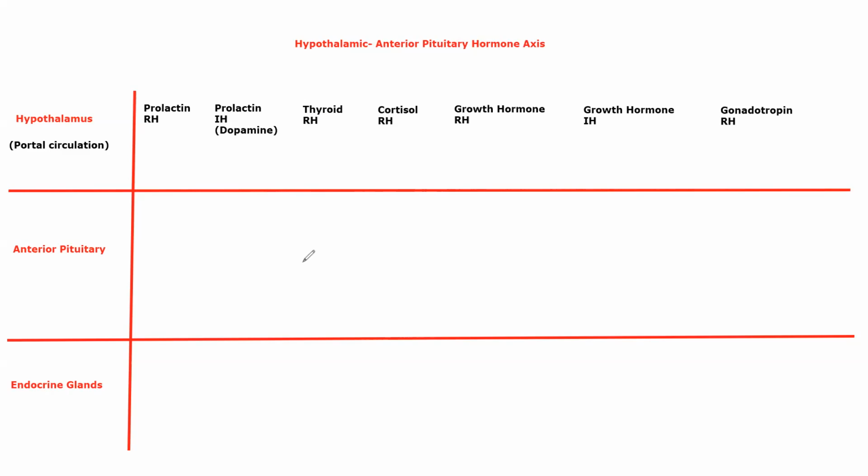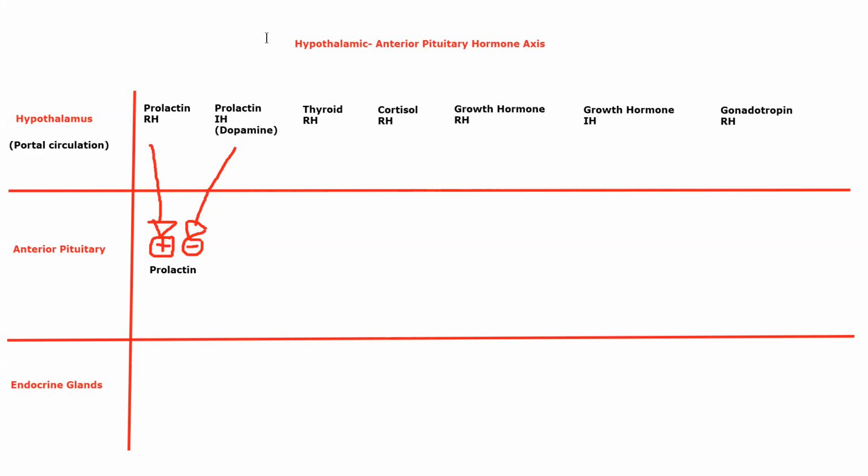Okay. So prolactin releasing hormone is going to stimulate the anterior pituitary, and this one is obviously going to inhibit it. The function that has is prolactin release. So prolactin releasing hormone will promote prolactin release, and prolactin inhibiting hormone will inhibit prolactin release from the anterior pituitary.